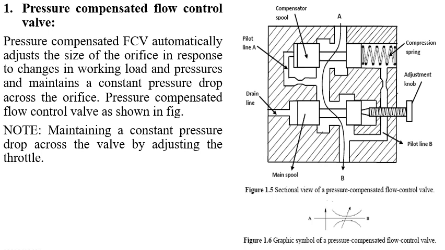Once the valve is set, the pressure compensator acts to keep the pressure drop nearly constant. It works on a kind of feedback mechanism from the outlet pressure. This keeps the flow through the orifice nearly constant. And note, it is maintaining a constant pressure drop across the valve by adjusting the throttle.